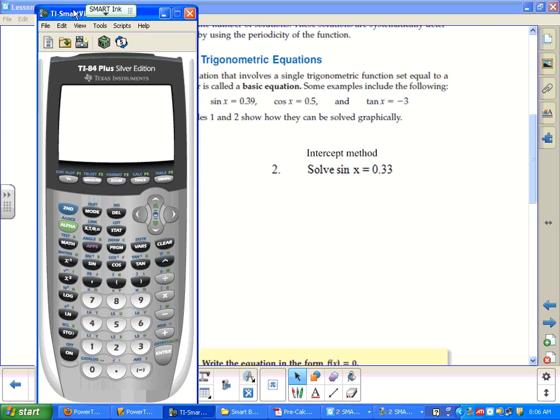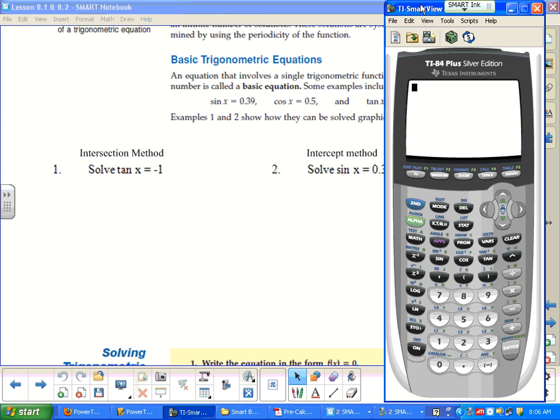Okay. And this first equation, they want us to solve the equation where tangent of x equals -1. So we'll go to our y equals. Put tangent in y1 and -1 in y2. Now, you should know what this answer is because -1 for tangent is on the unit circle, right?